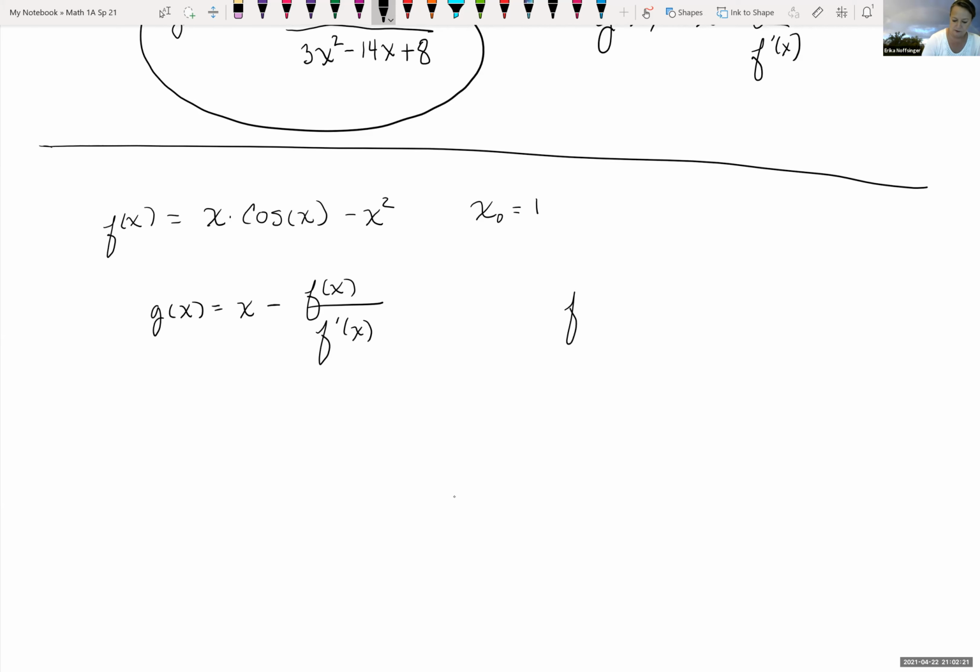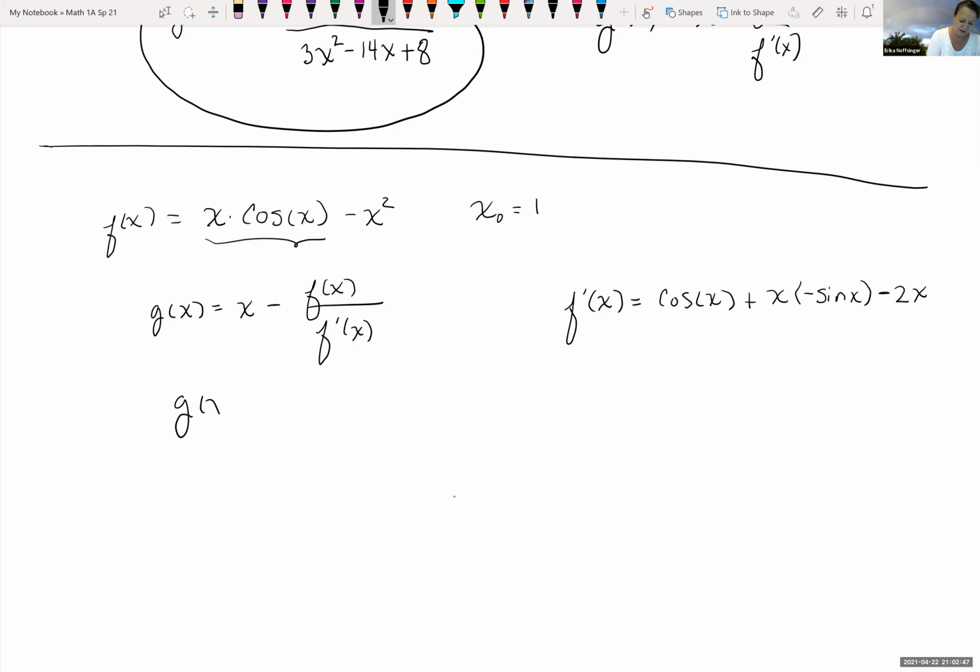So let's figure out what the derivative of f of x is. I need to use my product rule. So that would be 1 times cosine of x plus the first x times the derivative of cosine of x, which is negative sine x, minus the derivative of x squared, which is 2x.